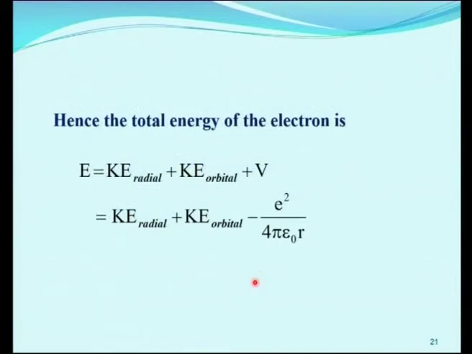Hence, the total energy of the electron is the sum of kinetic energy and potential energy. For kinetic energy we have taken two parts, radial motion and orbital motion, indicated by the suffixes radial and orbital. So, kinetic energy radial plus kinetic energy orbital plus potential energy, whose value is minus e² by 4πε₀r. The equation is rewritten like this.